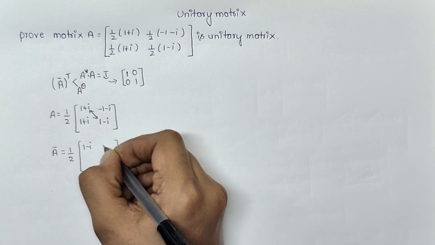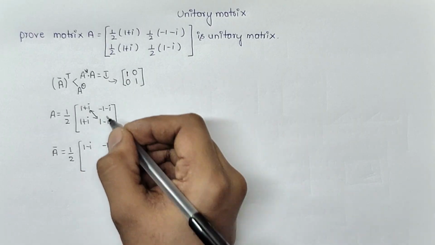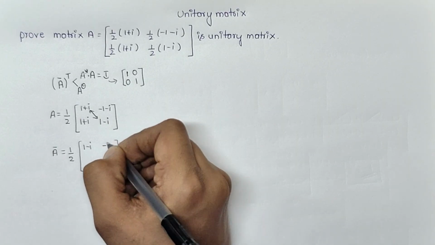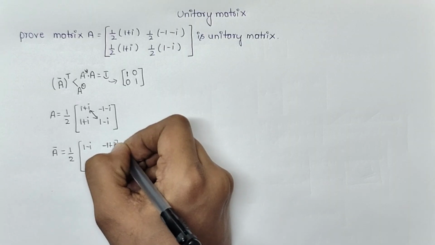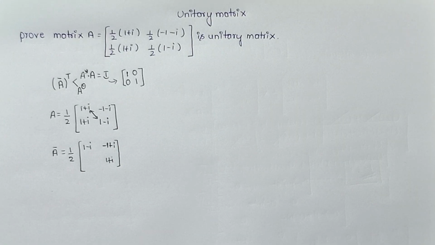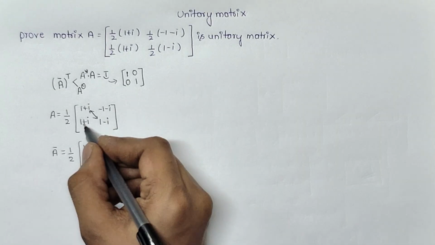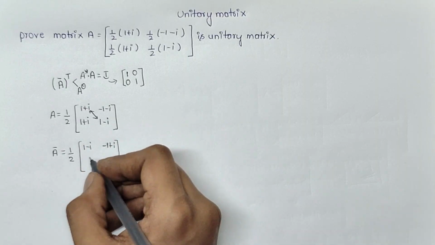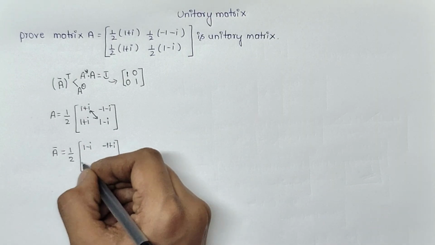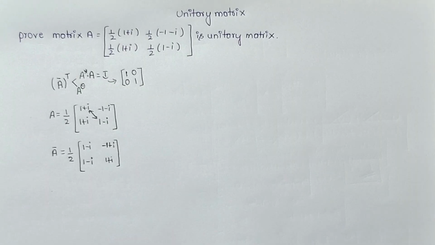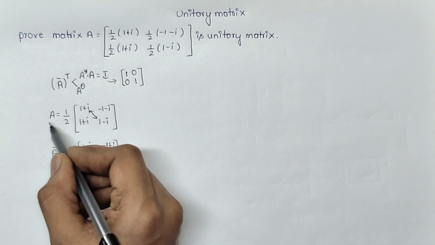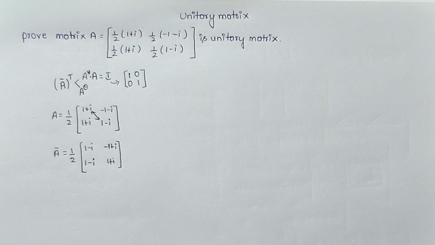Here, minus 1 is there, we will keep it as it is. But here minus i is there, we will change the sign of i. So minus will be changed to plus. If it is plus, it will be changed to minus. If you see here, 1 plus i is there. So if I want to change the sign of i, it will be 1 minus i. Simple. So now you have transformed the given matrix A into the conjugate of A.